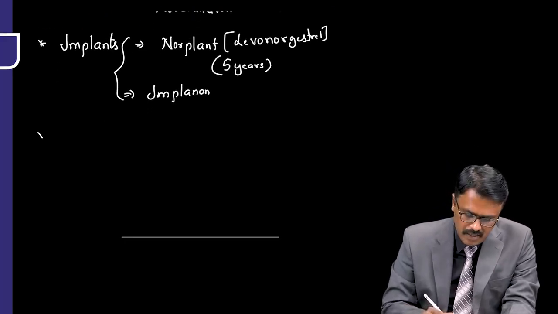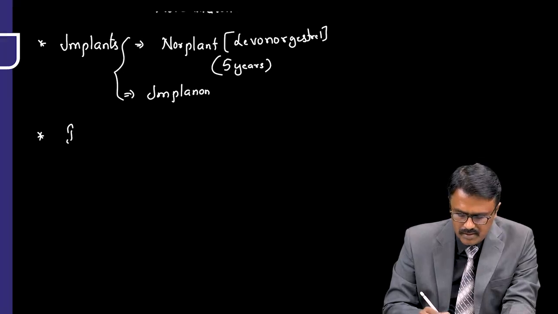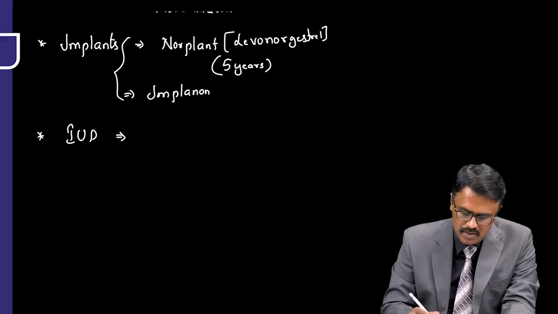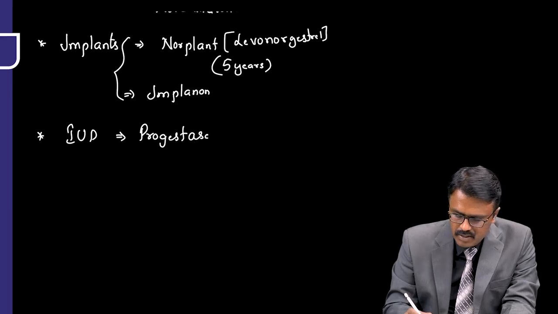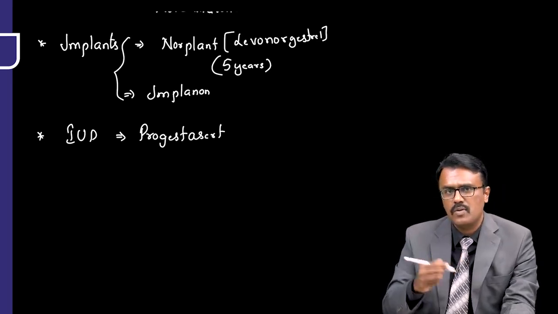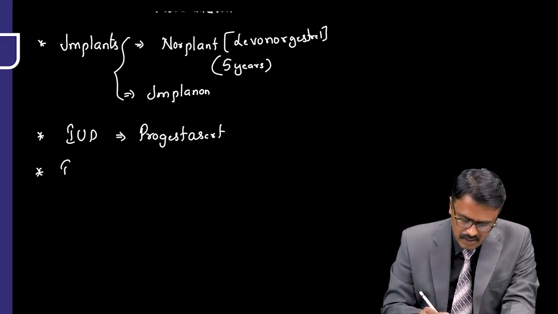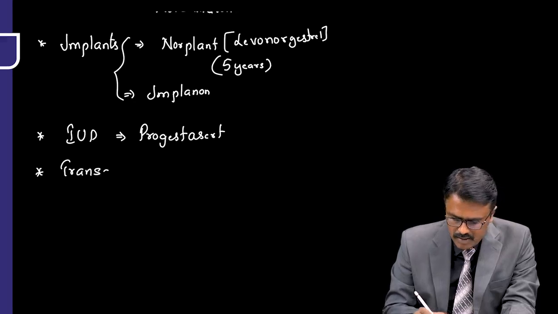Then we can also use IUD devices. We put the IUD device, and from that we release the drug. The name is Progestasert. These IUD devices release the drug slowly, and they also work for long periods. Then we have another parenteral contraceptive, the transdermal patch.